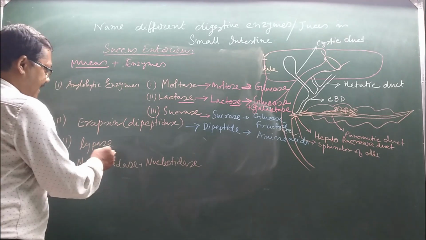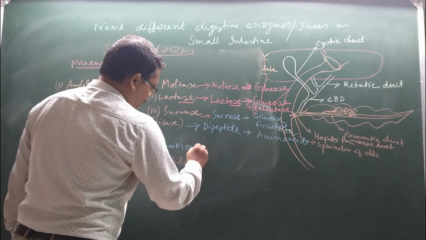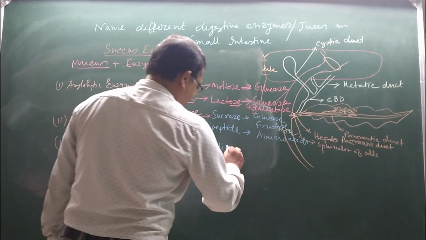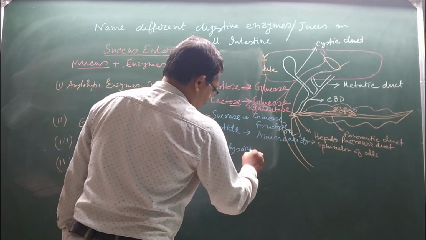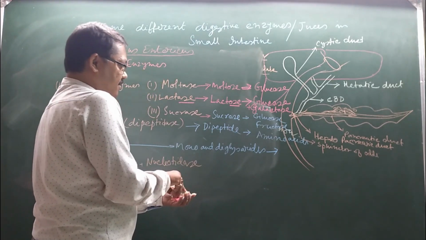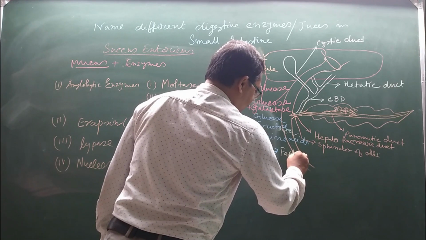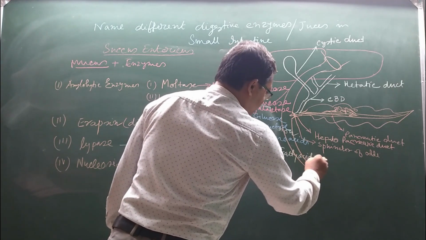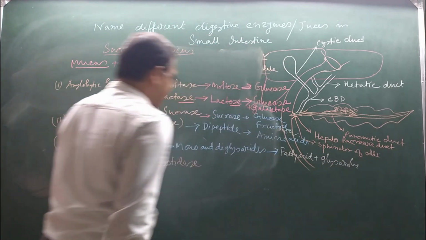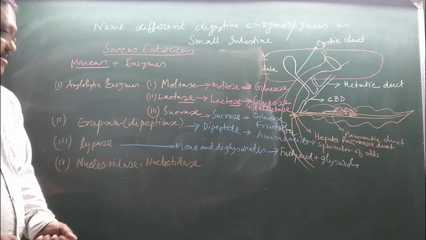Lipase acts on monoglyceride and diglyceride. What substance is produced? Fatty acid and glycerol. These are the end products of the lipase activity in the succus entericus.